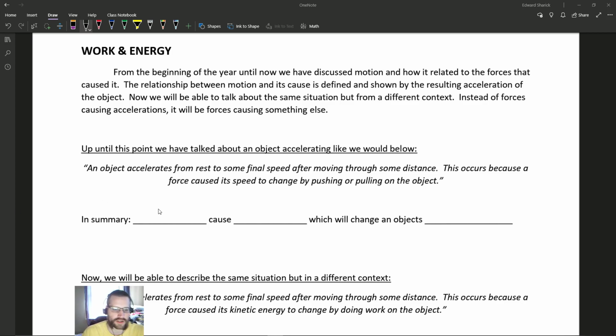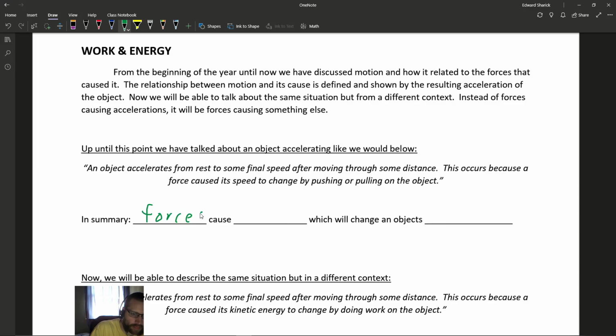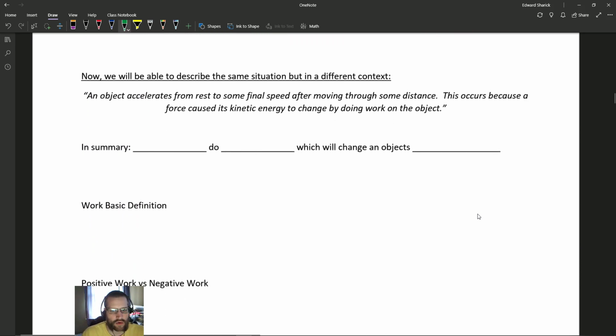So in summary of what we've done so far, forces cause acceleration, which will change an object's speed. Right? And that's what we've got so far. Now we're going to talk about things in terms of energy.